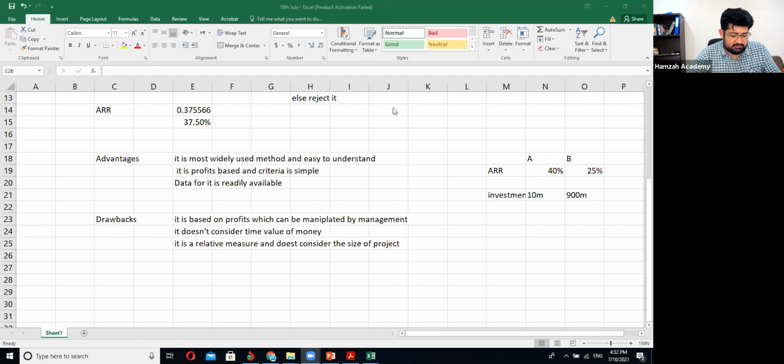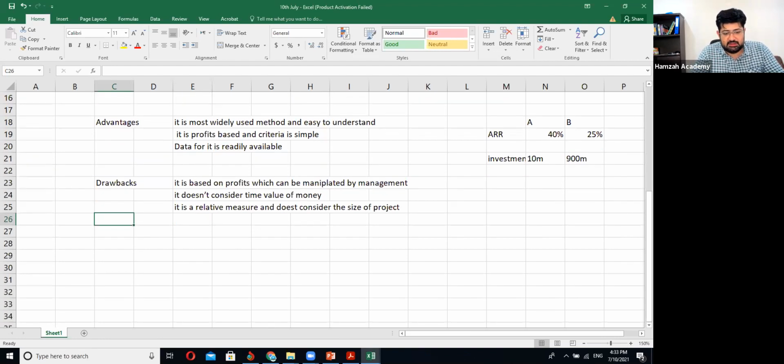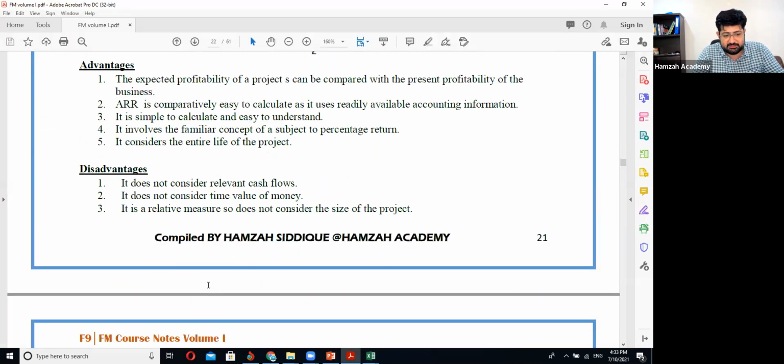All right, now the next point is, students, let us proceed to the next topic, that is the payback period method of investment appraisal.